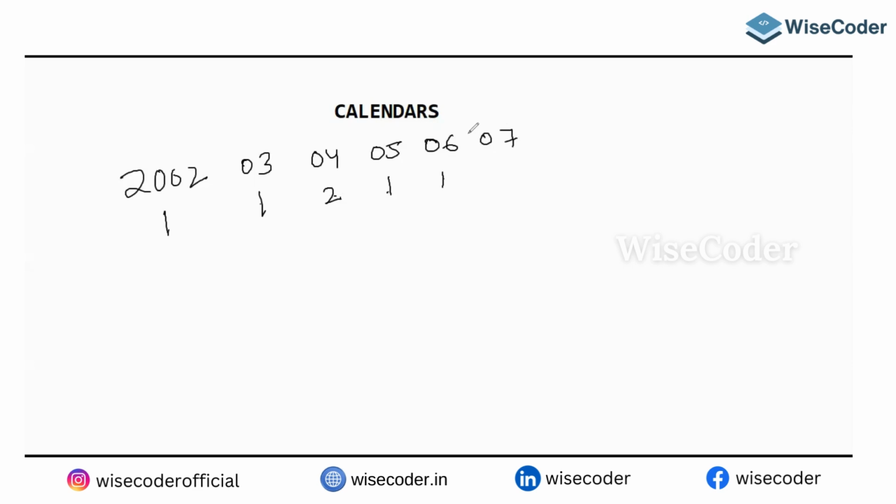So 2007 will have how many odd days? 2003, 1; 2004, 2; 2005, 1; 2006, 1; 2007, 1. So 2, 3, 4, 5, 6, 7. So 2008.